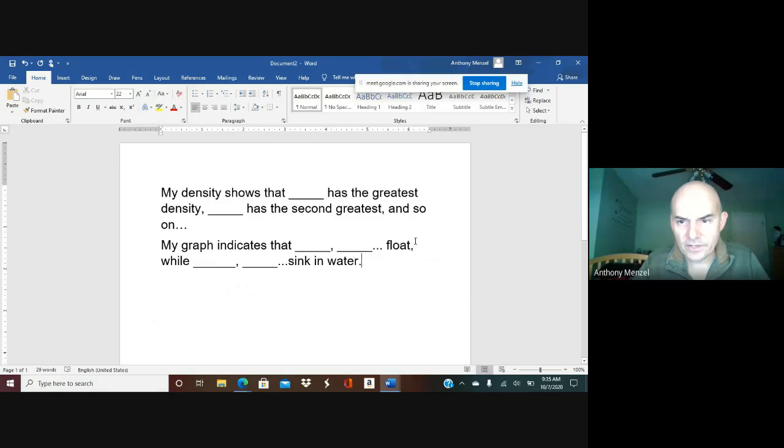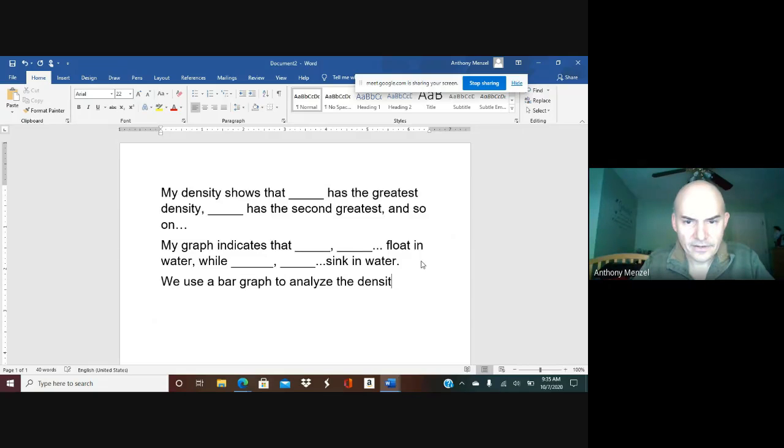So that's another thing you could talk about. You can talk about how we use a bar graph to analyze density data, bar graph instead of a line graph, to analyze density data.